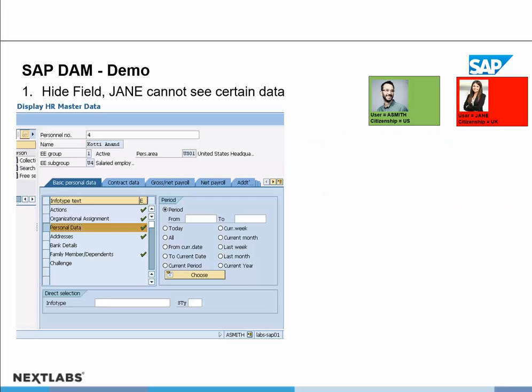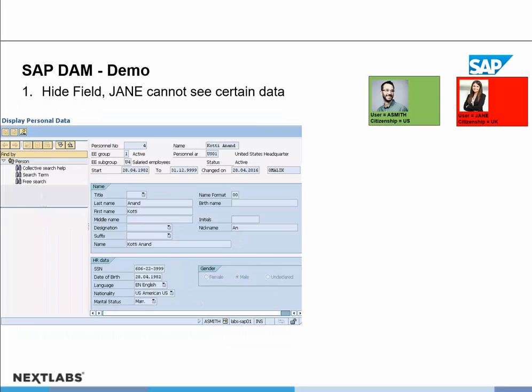So here we're taking a look at what particular information Jane won't be able to see. And here's our master data for HR. So in this case, we highlighted the personal data aspect of it. When Jane goes in and takes a look at the information, she'll only be able to see certain things that are coming up within that particular personnel data screen.